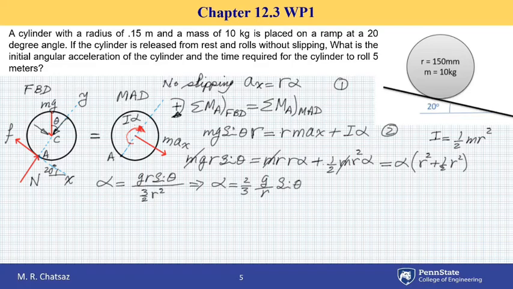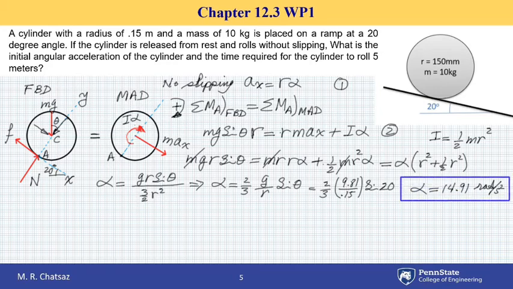Plugging in the numerical values, I get 2/3 of g, which is 9.81, over the radius of 0.15 times sine of 20 degrees. Taking a calculator and doing the numerical calculation, we get alpha equal to 14.91 radian per second squared, which is one of the unknowns we were looking at.